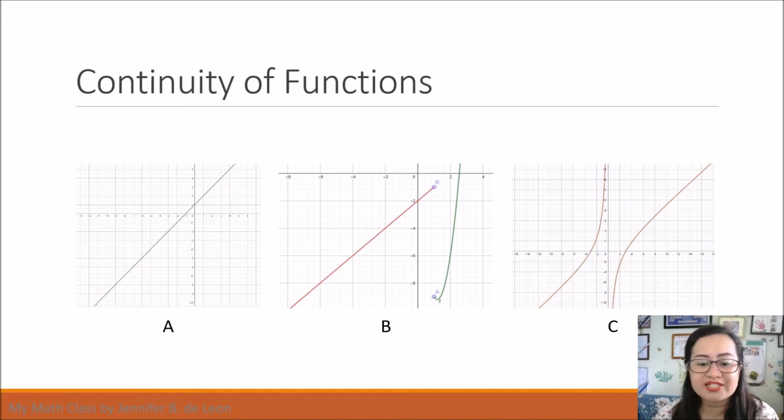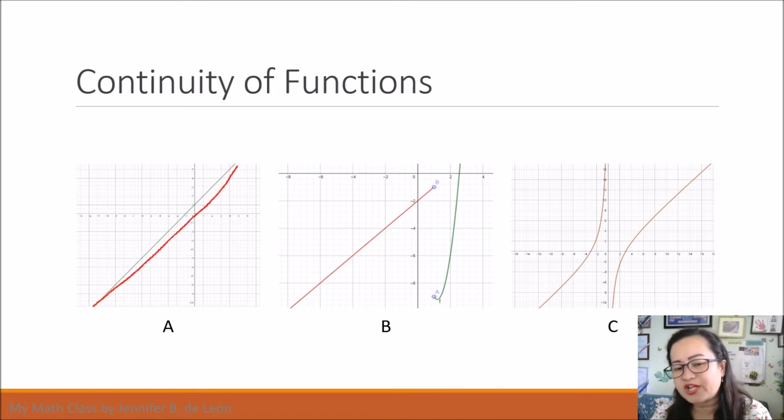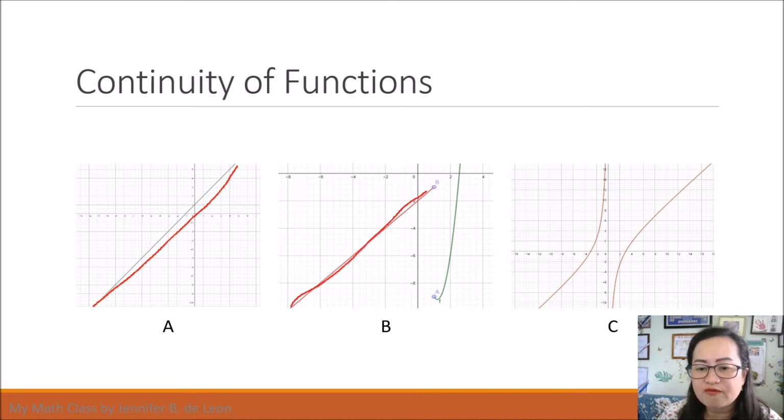If we trace the graph, let's have letter A. Take note that we can trace the graph in A without lifting our pen and passing each portion once. While here in option B, if we trace this graph, we need to lift our pen in order to trace the other parts of the graph.